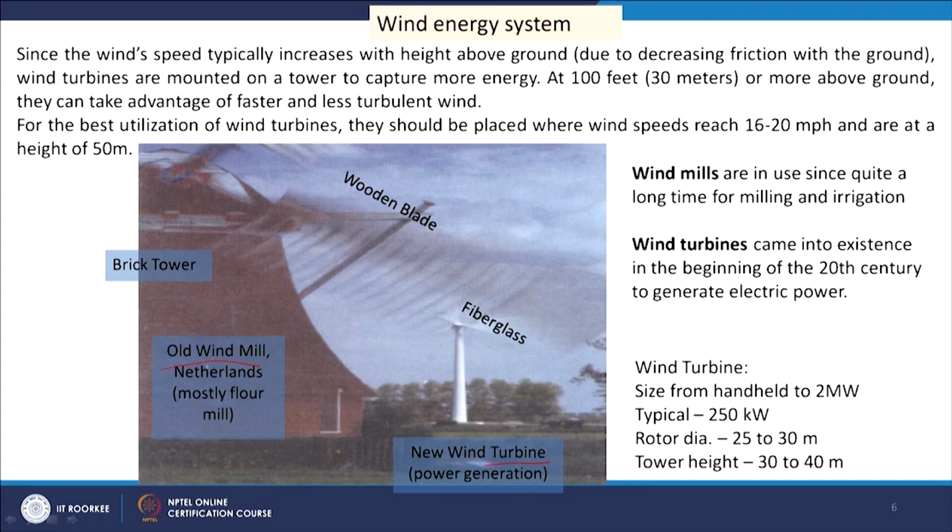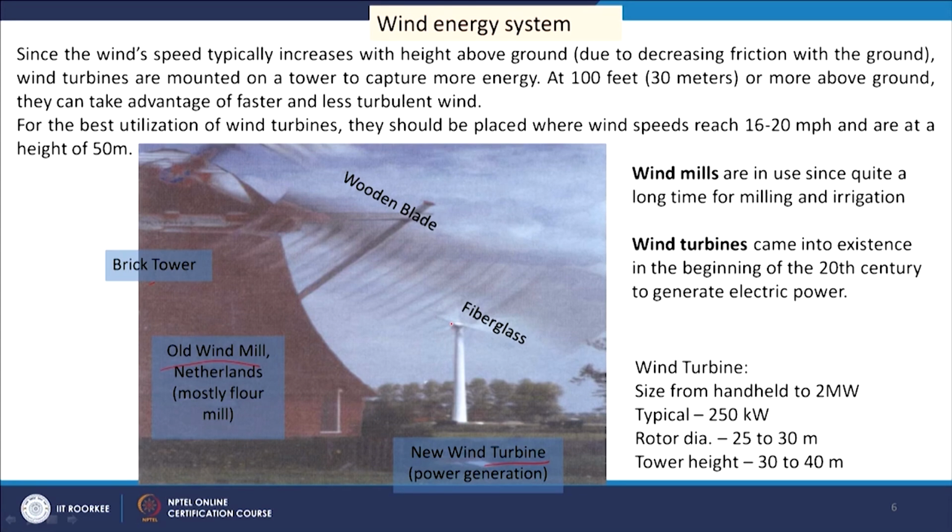The old windmill has a brick tower, and in both cases we see the blades or the rotor placed at a certain elevation, not at the immediate surface of the earth, but at a certain height.